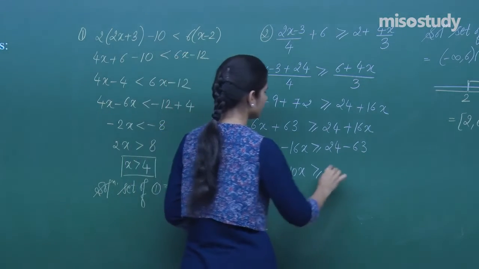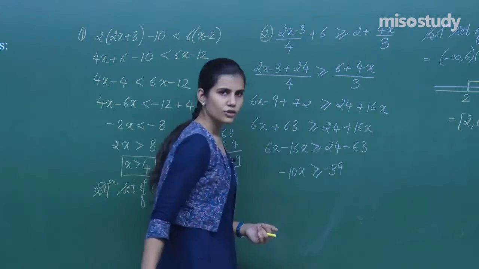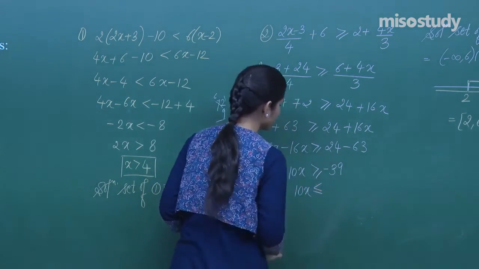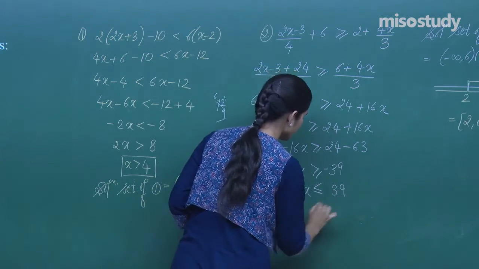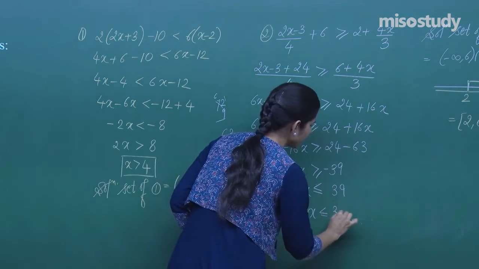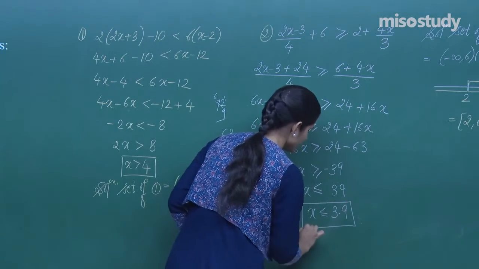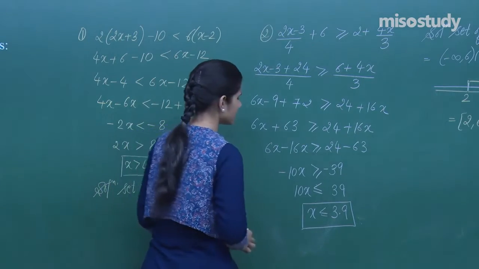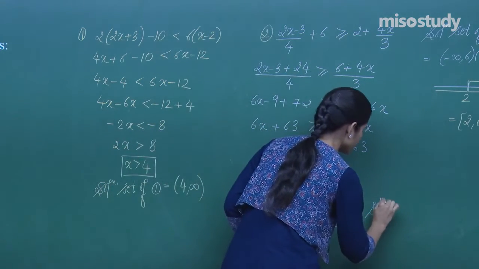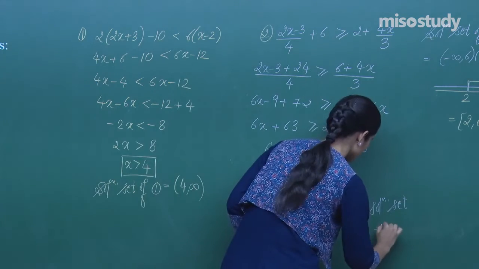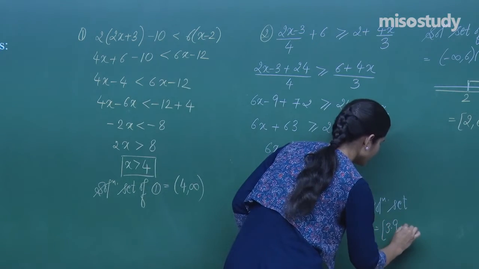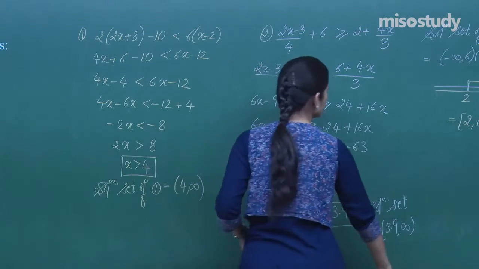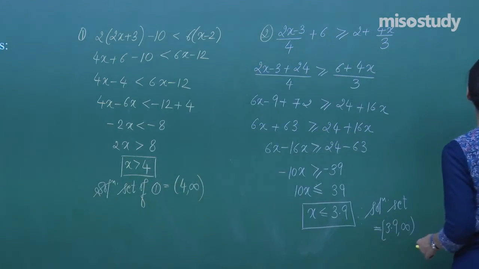This gives you 39. 24 minus 63 is minus 39, or you can just multiply both sides by minus 1, you get 10x less than or equal to 39, or x is less than or equal to 39 by 10, that is 3.9. And therefore, the solution set of this given inequation is (minus infinity, 3.9].